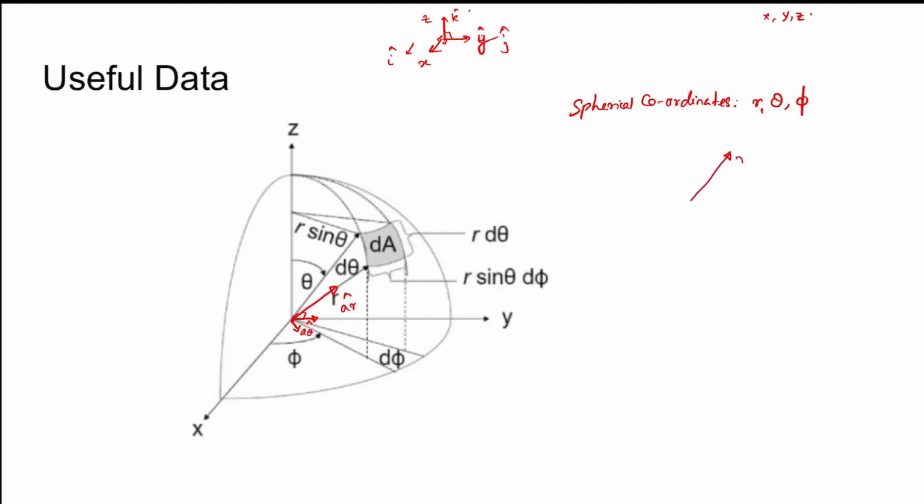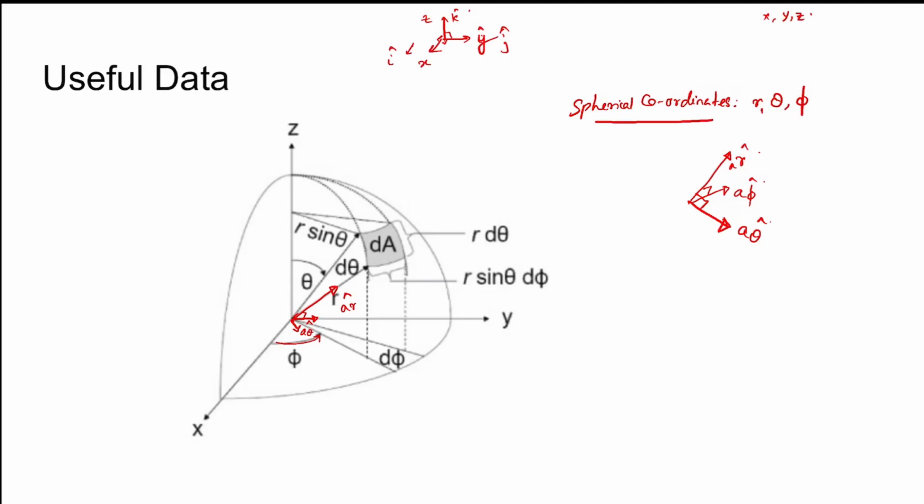So the vectors are: a r cap, radially outward; then the angle with the z axis, that is theta, and the tangent is a theta cap; and curling along the x like this you have a phi cap. These are the three unit vectors you will be using in your calculations in the spherical coordinate system.